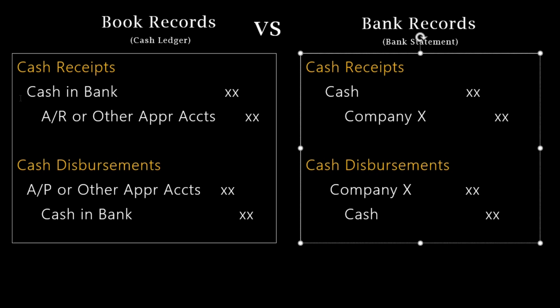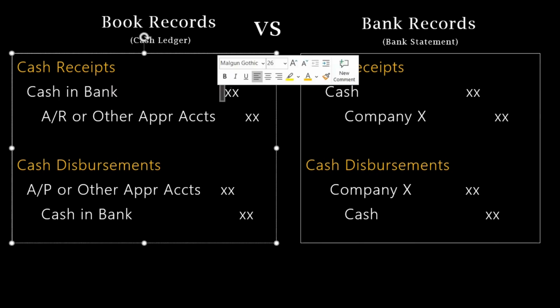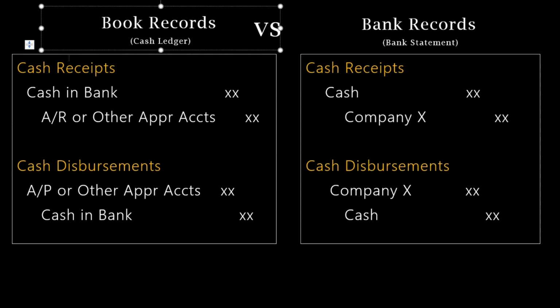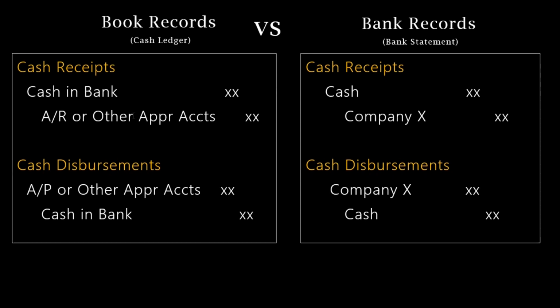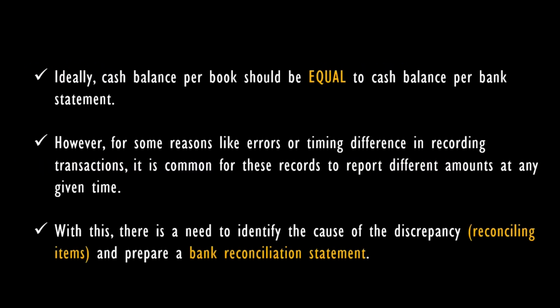So, ideally, etong cash in bank per ledger, or tinatawag nating book records, should reconcile with that amount na reported per bank statement ng bangko. So, that's the ideal setup. Ideally, cash balance per book should be equal to cash balance per bank statement.